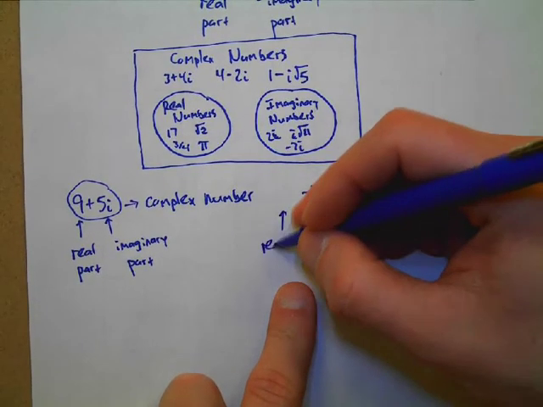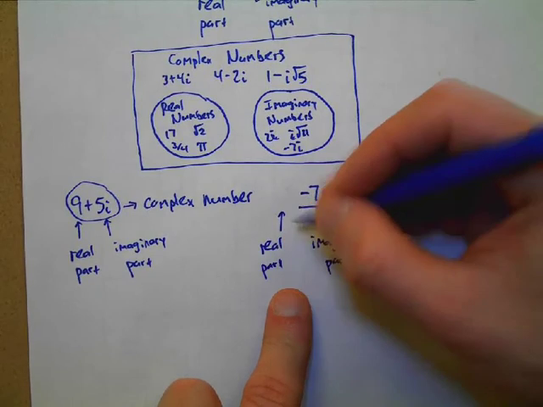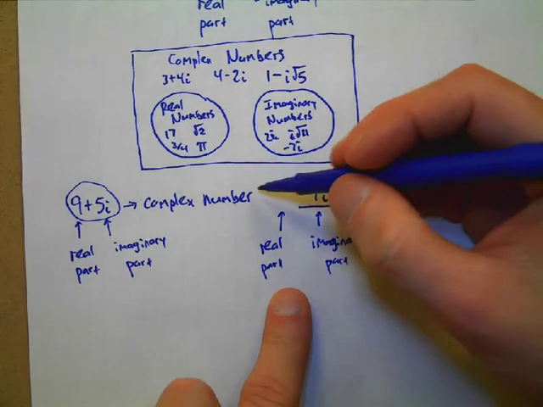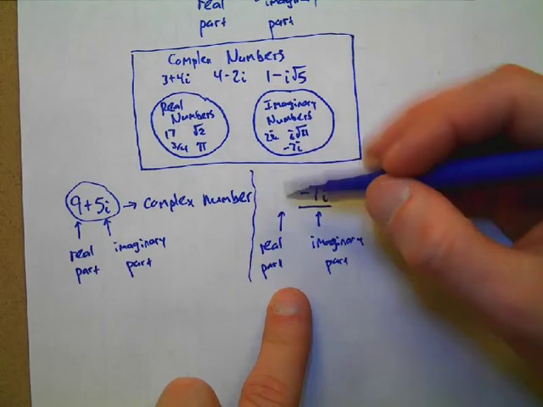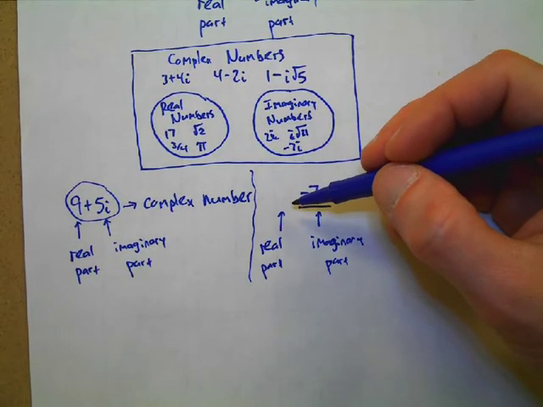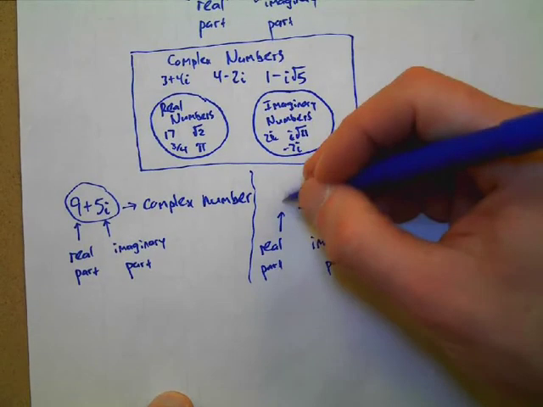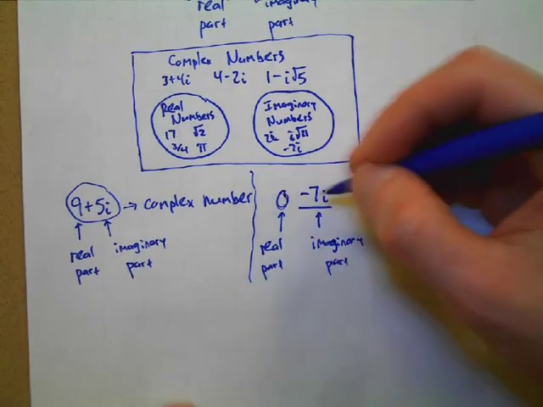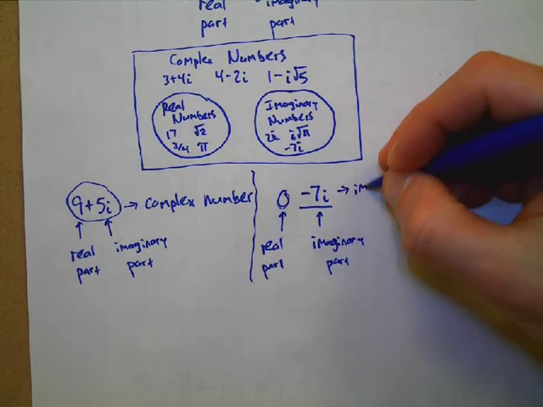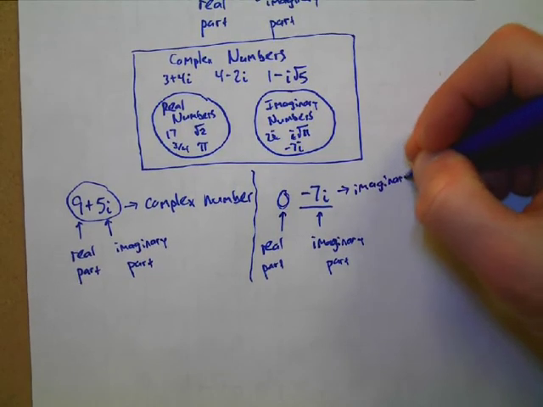So what number could we say then is the real part over here? There's no number, so what number do we use to represent no number? 0, right. So the real part is 0. So this is just an imaginary number, but it's also complex.